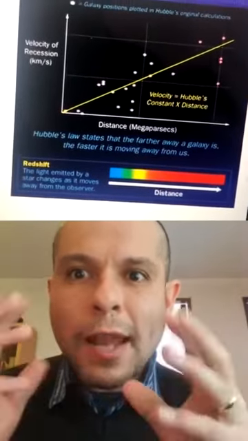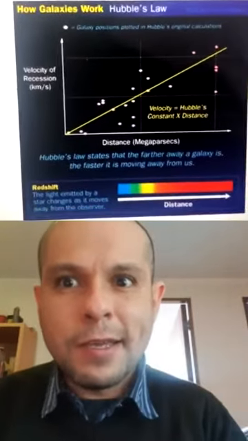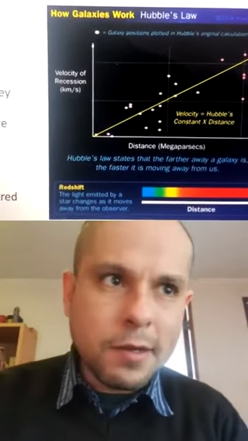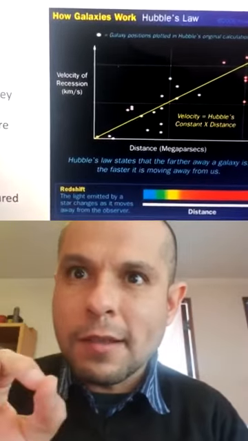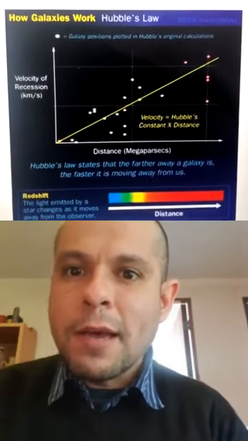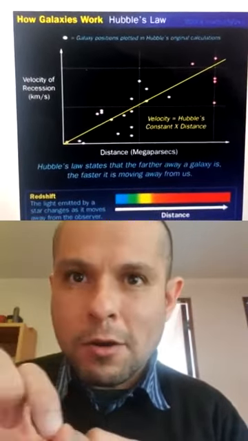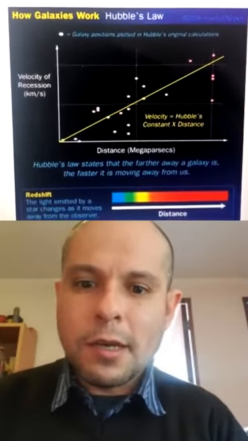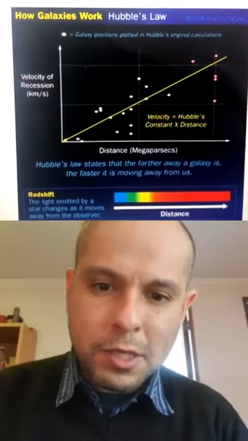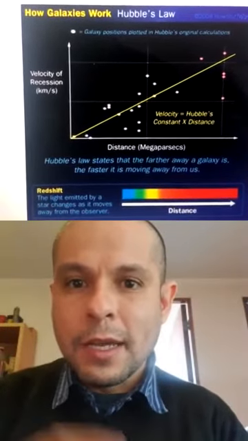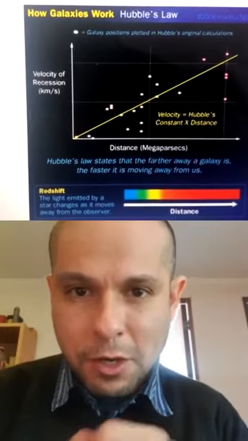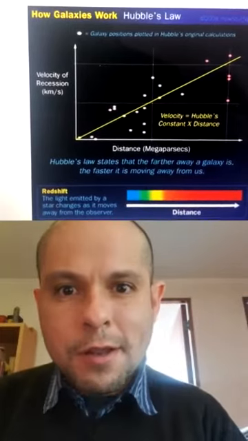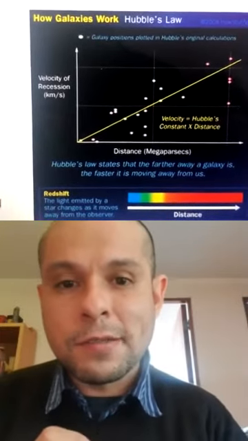So light has more or less the same effect. If you see a light source that is coming towards you, the color gets bluer, but when it's moving away, the color gets redder. So you can know the velocity of the source, whether it is approaching or moving away. That's what Hubble did. He measured the colors, taking something called spectra, and he used a method for knowing the distance to the galaxies.